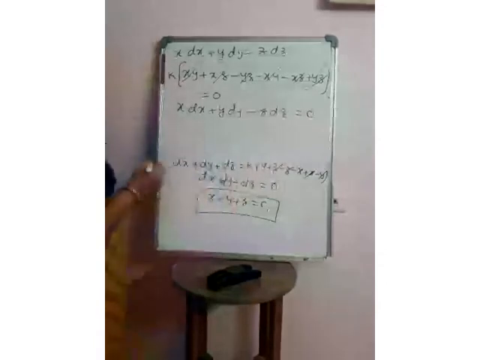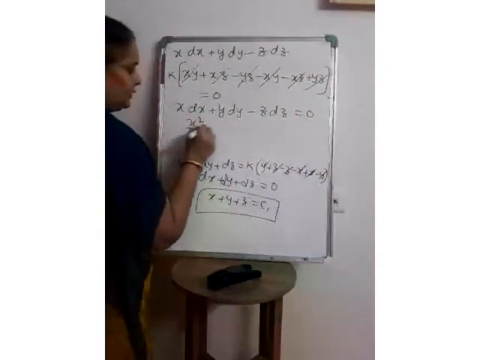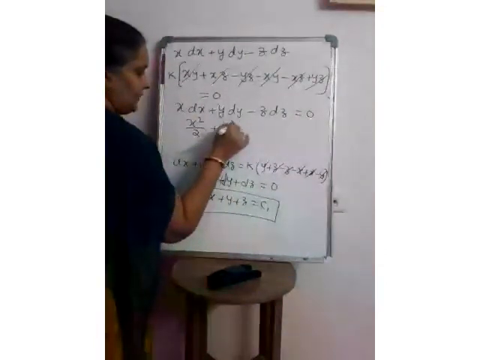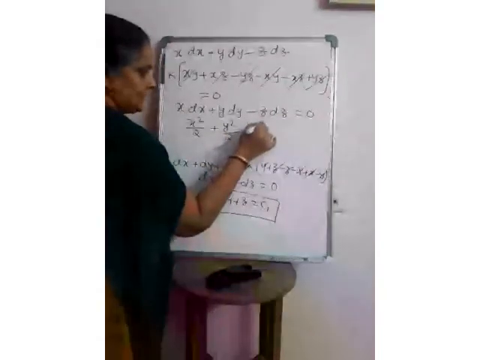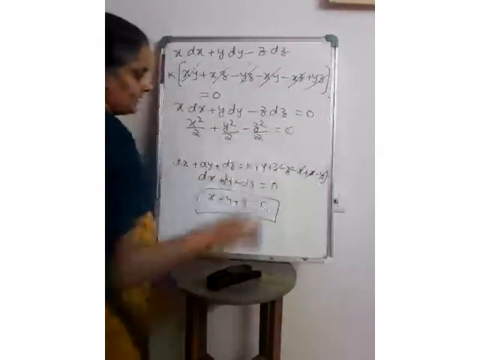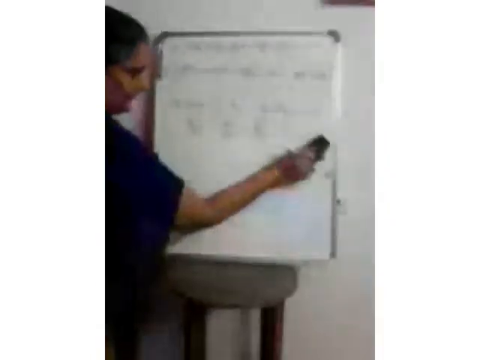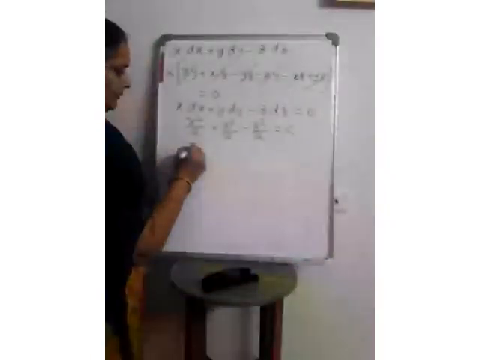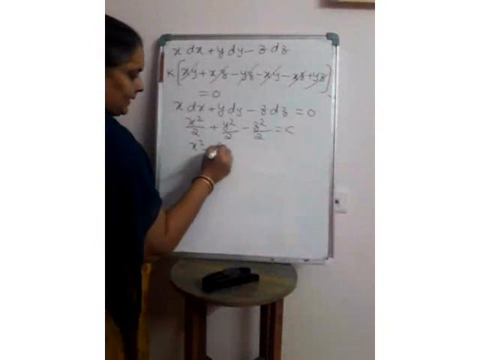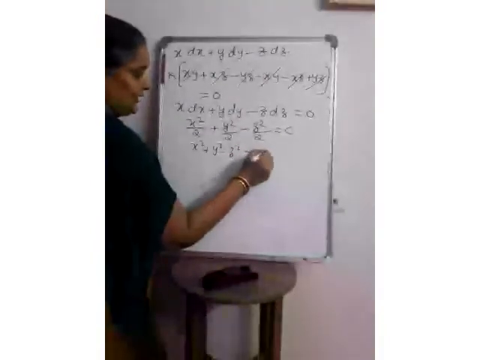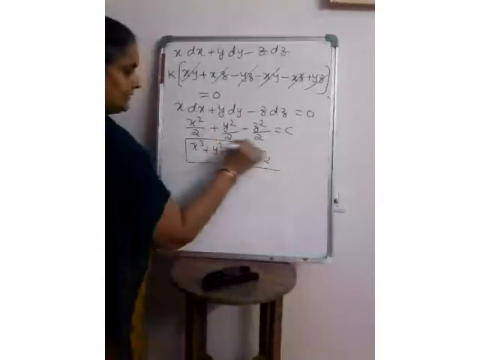So integrate it. X square by 2 plus y square by 2 minus z square by 2 is a constant c. So we can write it as x square plus y square minus z square is equal to 2c. I'll write it as some other constant c2.